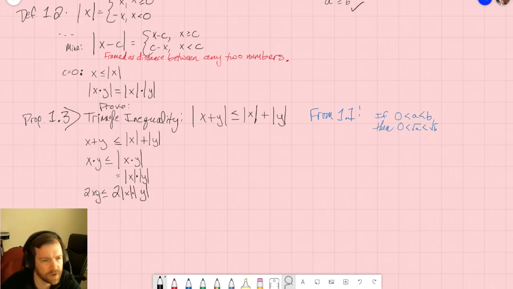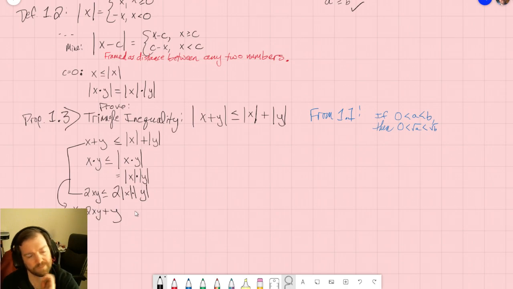Okay, so if we add this one and that one together, then we get x plus 2xy plus y. Nope. Close. So close. Because that's not x squared and y squared.